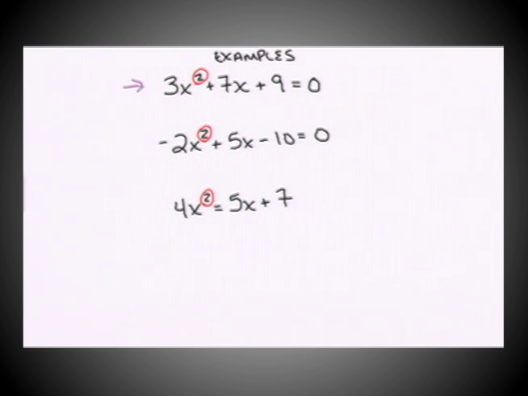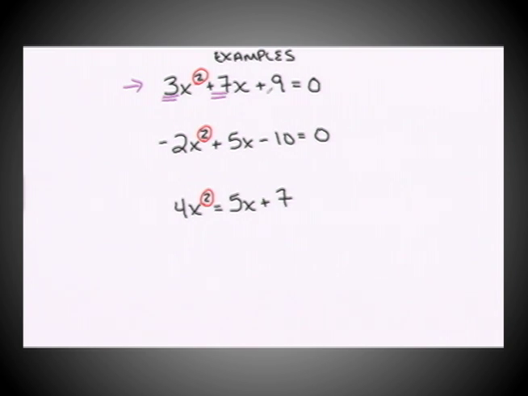you can see I already have it in standard form: ax squared plus bx plus c equals 0. A always goes with the x squared term. So in this case, a is 3. B always goes with the x. So b is 7 here.